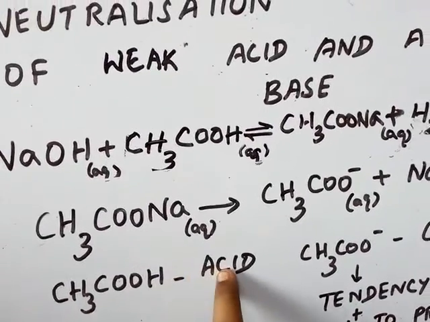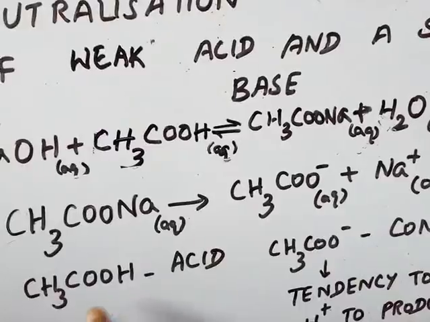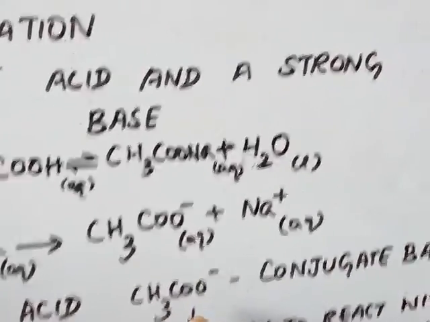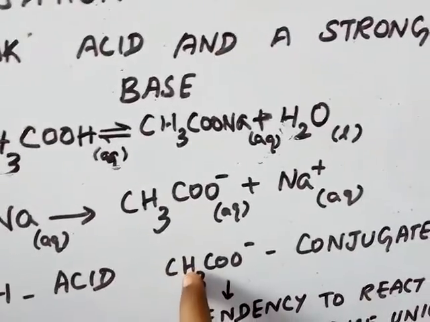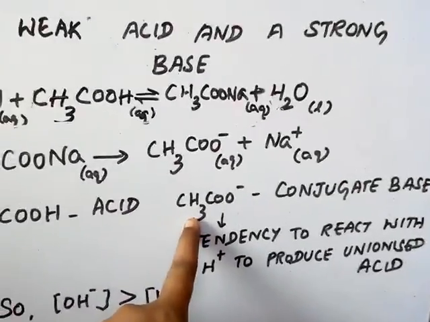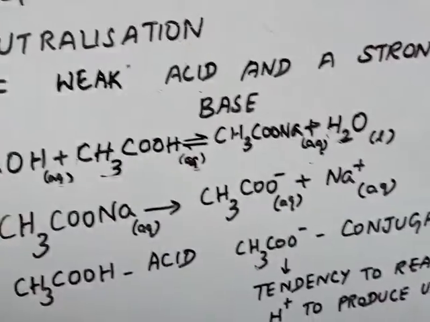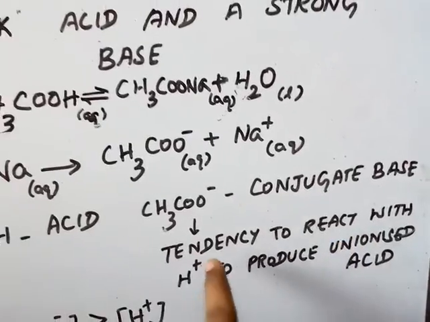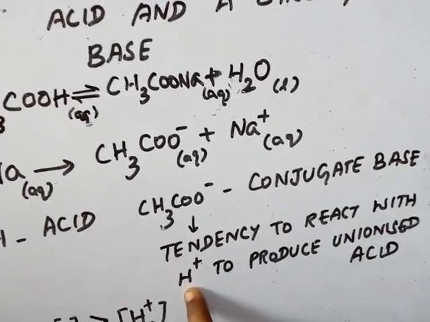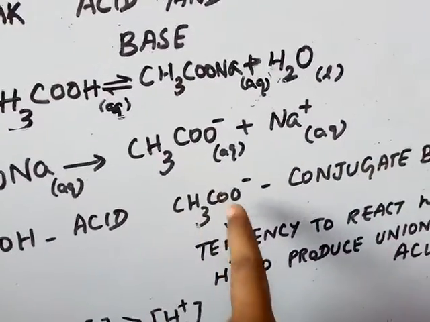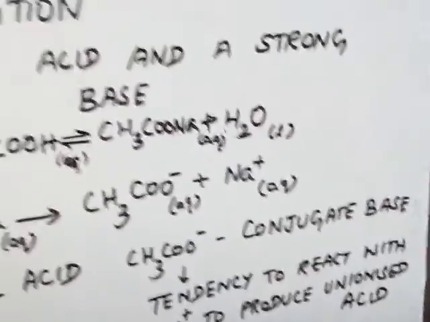CH3COOH is an acid. Once H plus is removed, it becomes the conjugate base, as I said. So, CH3COO minus, the conjugate base, is formed. As it is coming from a weak acid, it has a tendency to react with H plus so that it produces acetic acid. CH3COO minus plus H plus produces unionized acid.